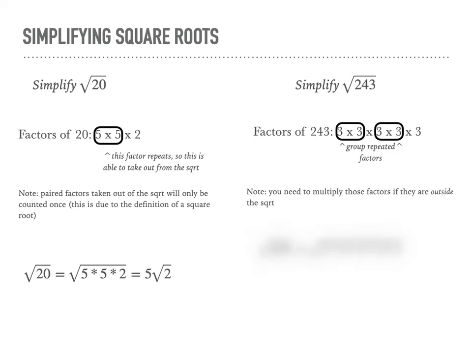So essentially, after rewriting the square root of 243 in its prime factorization form, we can take out those two pairs of factors, which were both 3s, and we multiply them, which is located outside the square root. And of course, the pair is considered as 1 once it's taken out of the square root, as mentioned in the previous example. So that will lead to 3 times 3 times the square root of 3, which is equivalent to 9 times the square root of 3.